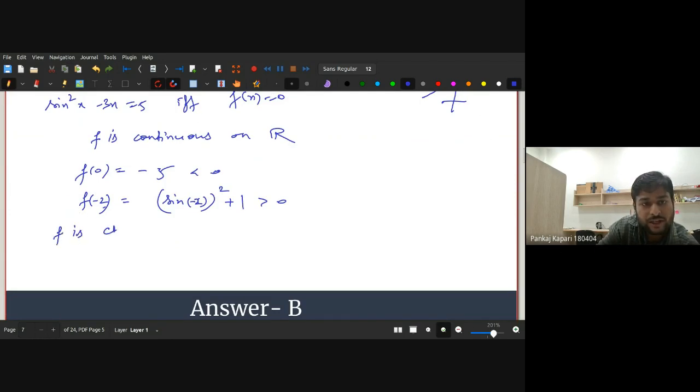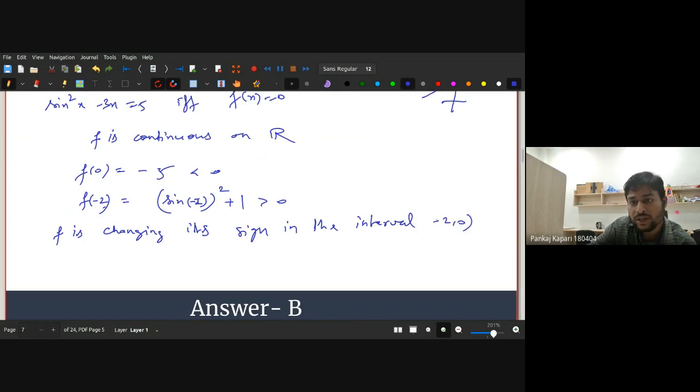So we can say that f is changing its sign in the closed interval minus 2 comma 0. By the intermediate value theorem, which says that if the function is continuous in an interval and takes two values, then it will take every value in between.